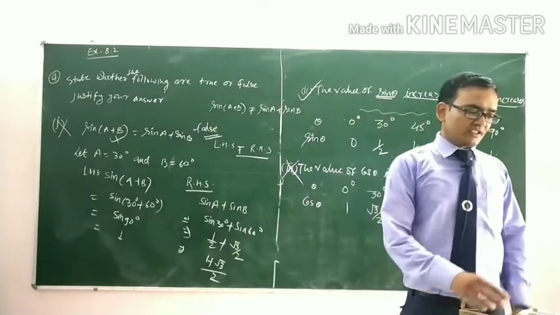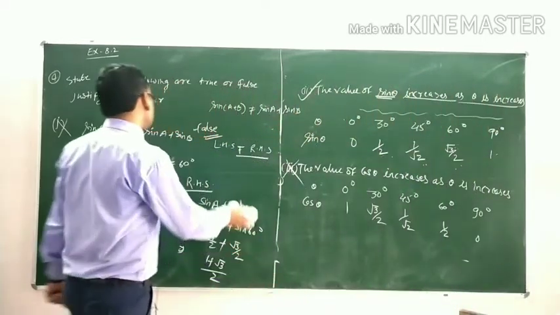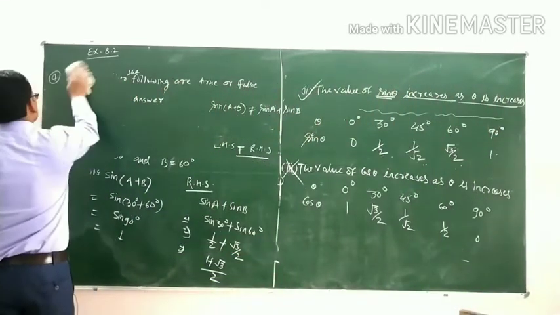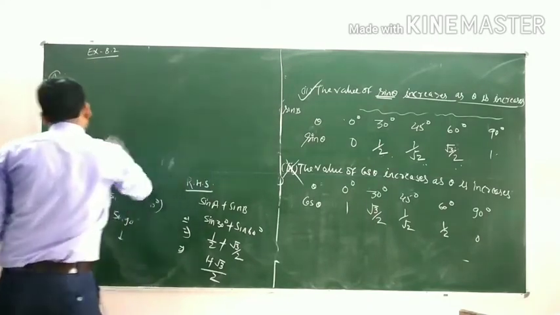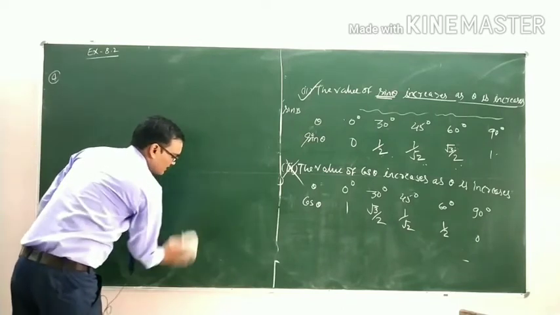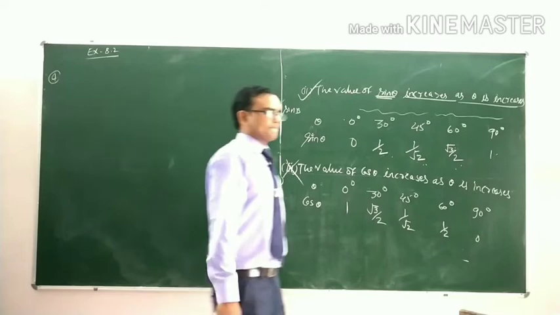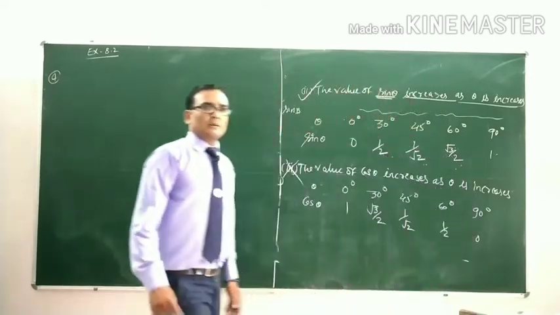Now check statement 4. Sin theta is equal to cos theta for all values of theta. This is the symbol for all.